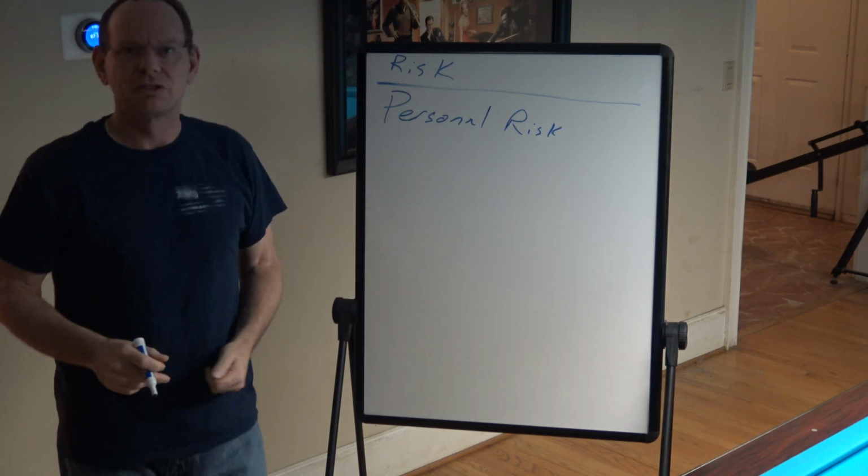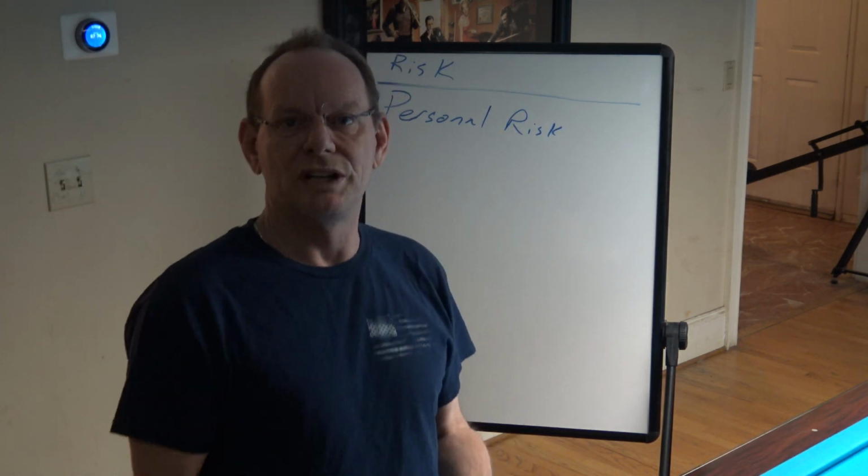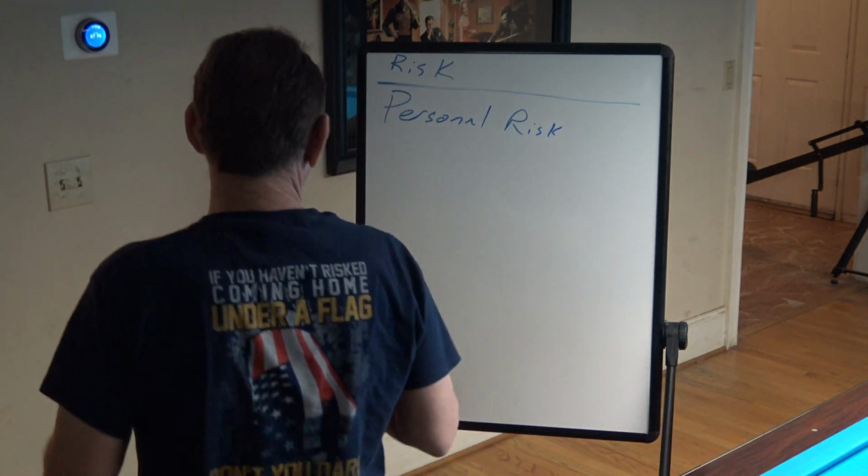Okay? These tend to be permanent risks for the most part. There are some that are temporary. A personal risk is a risk that's based on who you are, you as a person. Okay? And we're going to talk about personal risk in a minute.